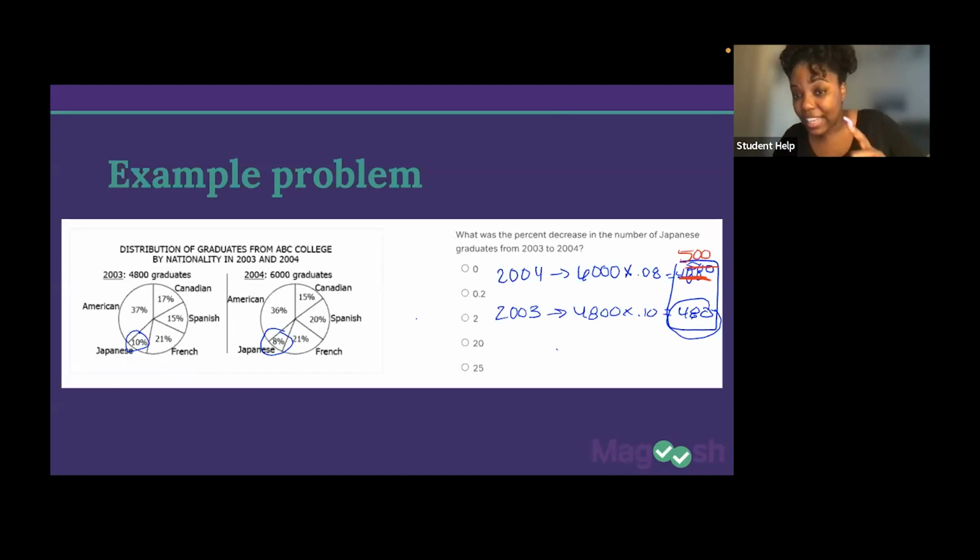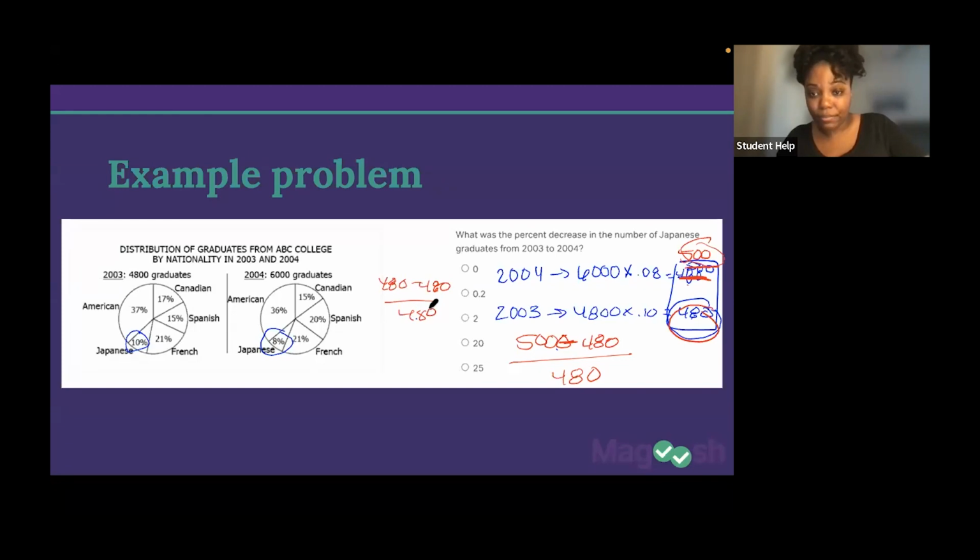Then we could have said, okay, the new is 500 minus the original, which is 480, divided by the original, which is 480. Okay, and then you could have calculated a percent change. But because the values were the same, I didn't have to do any math because all it would have been was 480 minus 480 over 480.